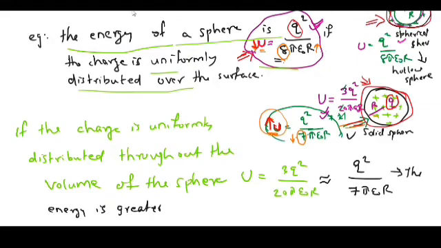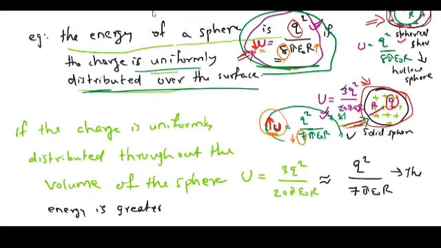Therefore, which configuration will have the least potential energy? That is the surface distribution. That is, this distribution will have the least amount of energy. What type of charge distribution is it? The charge is uniformly distributed over the surface.